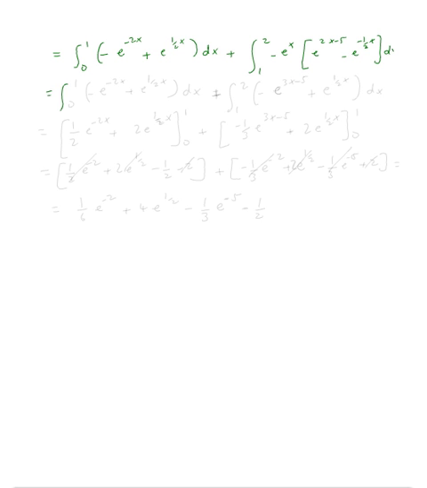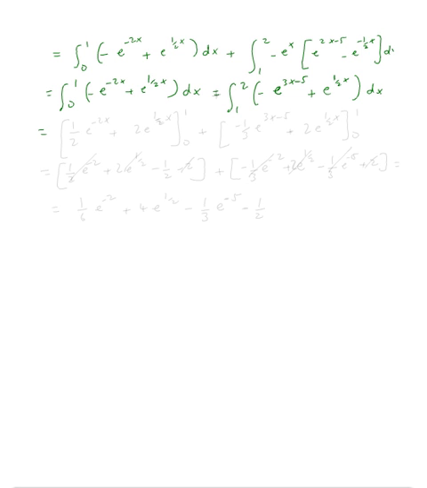Now this is going to be equal to the integral from 0 to 1 of minus e^(negative 2x) plus e^(1/2 x) dx. Here I need to distribute: minus e^x plus 2x will be 3x minus 5. Minus minus is plus, x minus 1/2 x is 1/2 x. Alright, now all I need to do is the integral, which is easy.